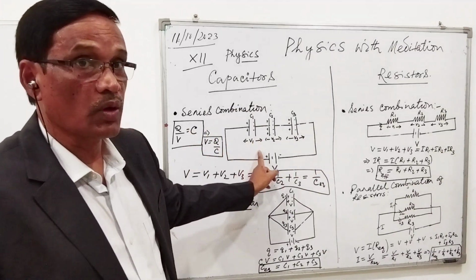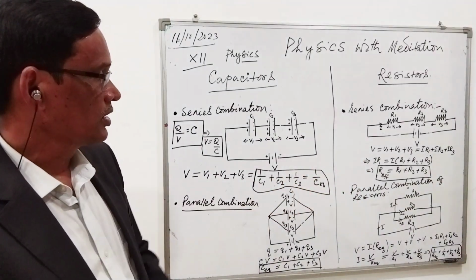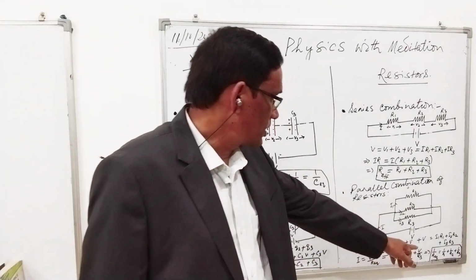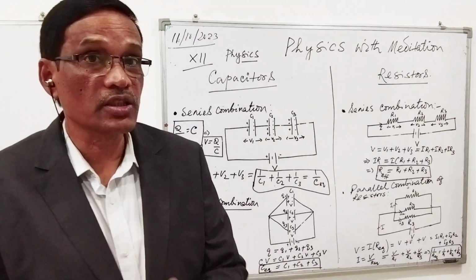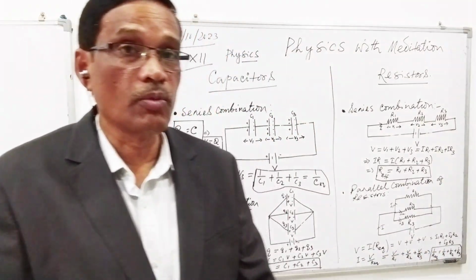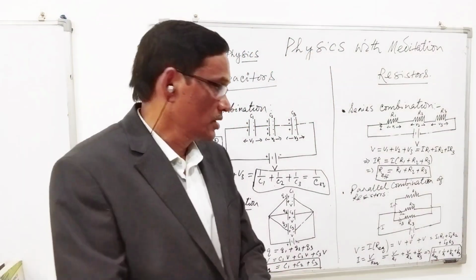And this one, let me jump toward the resistors. Okay? In resistors, you can see the formula for the parallel combination of resistors holds the same type, right?